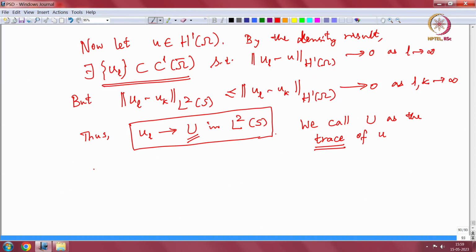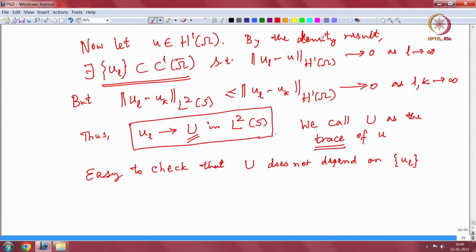It is easy to check that this limit does not depend on the sequence UL. So, if you take another sequence, finally this one will be the same. That requires some two or three steps, but this is a very routine thing.